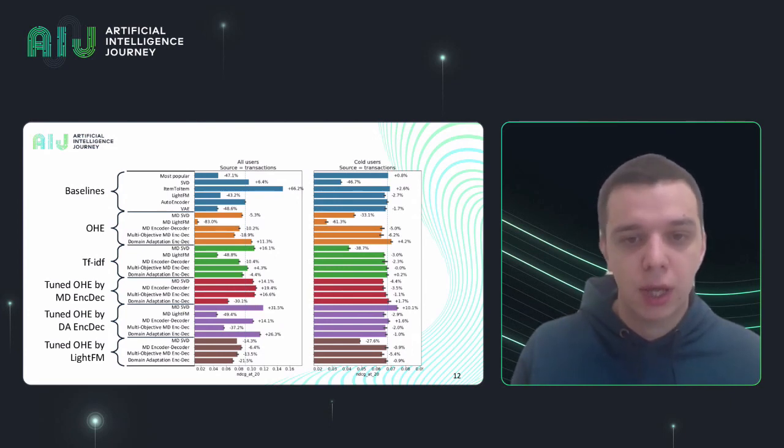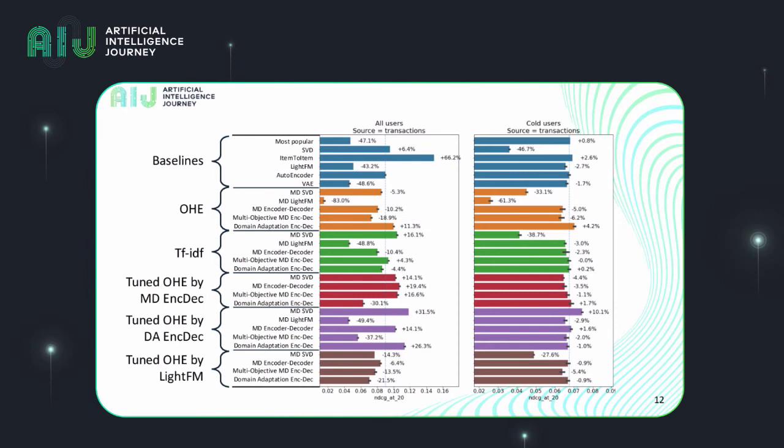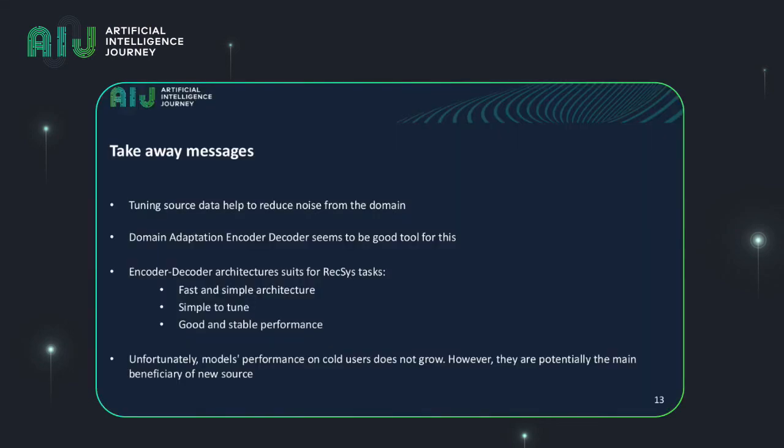Also, in most cases, the additional source allowed improving performance among the same class models, but not models that are not easily tuned to new sources, and so were perceiving it more like noise. And lastly, for cold users, we only managed to improve the picture by using the combination of SVD decomposition and embeddings from domain adaptation.